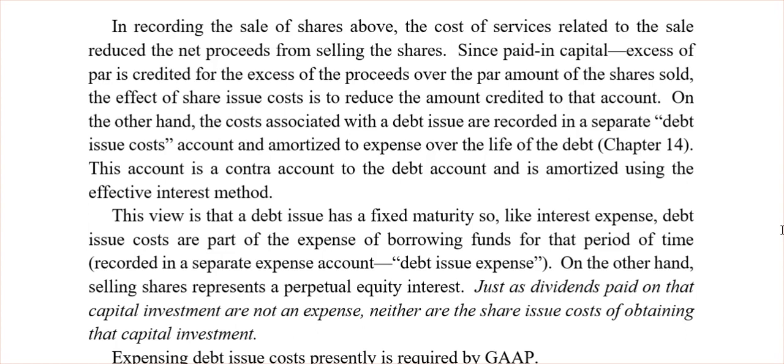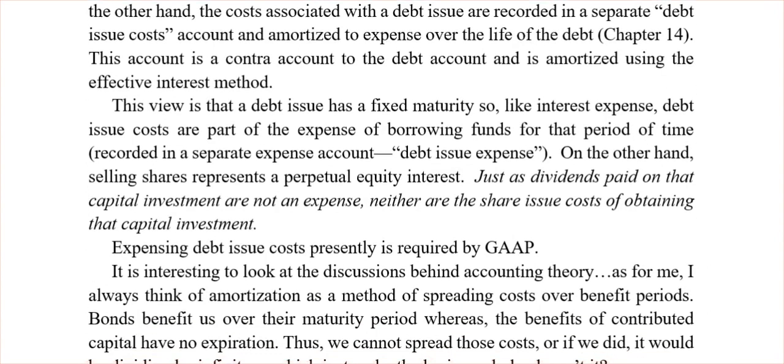On the other hand, selling shares represents a perpetual equity interest. Just as dividends paid on that capital investment are not an expense, neither should the share issue cost of obtaining that capital investment be. So this is yet another reason why we take it out of paid in capital instead of amortizing.